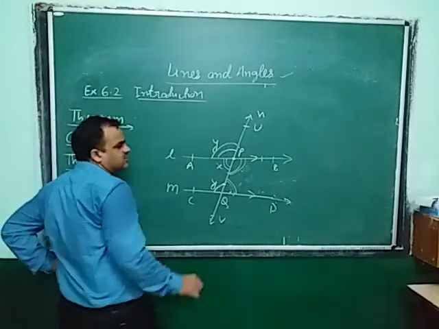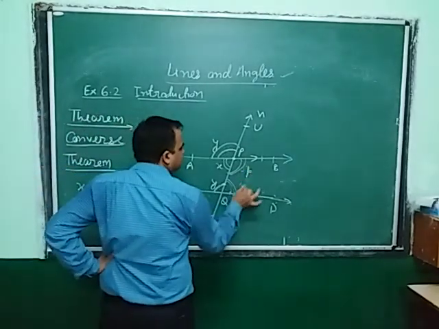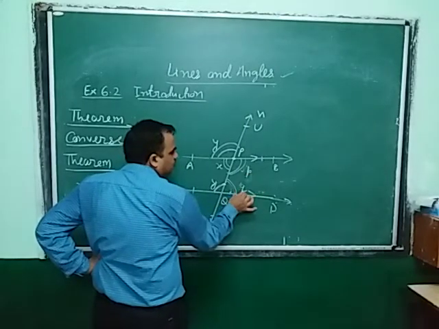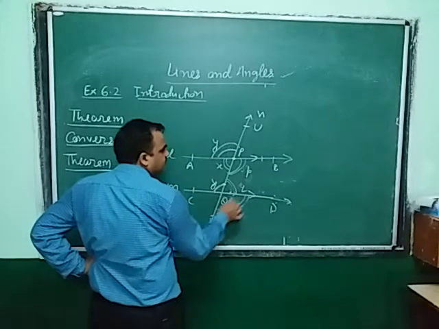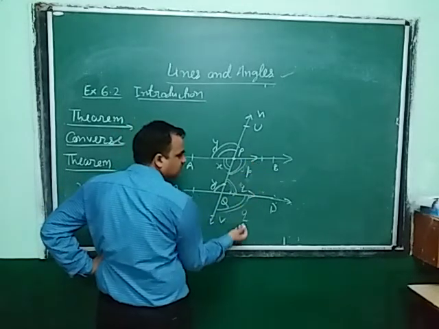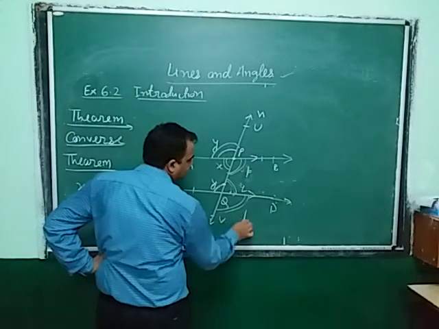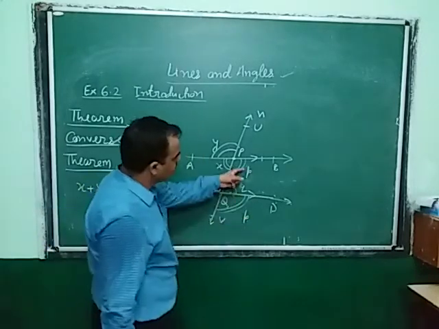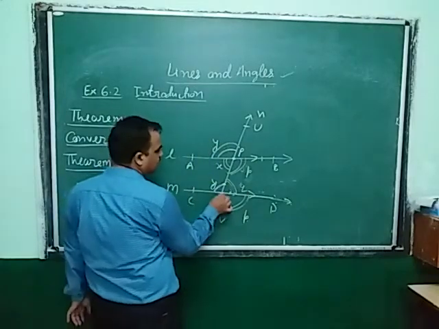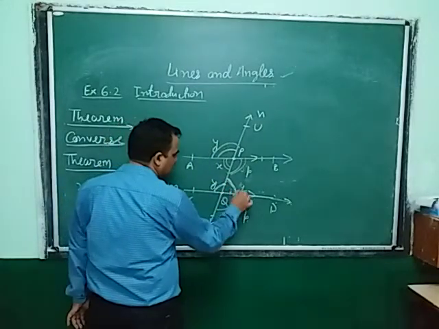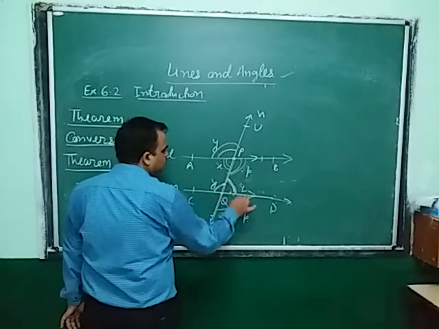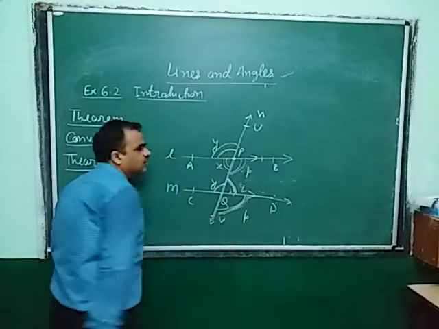Let me explain it once again. If this angle is P and this angle is Q, then what about this angle? If this is P, then obviously this will be Q as a corresponding angle. Sorry, this will be P. Corresponding angles are equal. This angle will be equal to this one. Now at this very point we have two angles Q and P on a straight line, so these two angles form a linear pair.